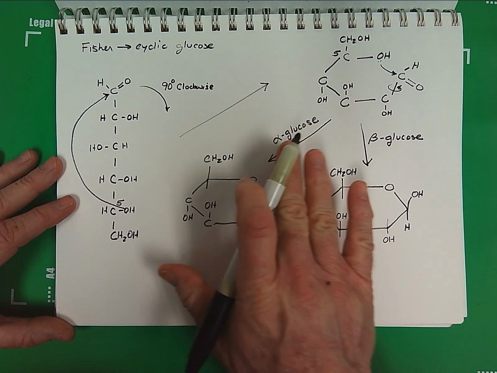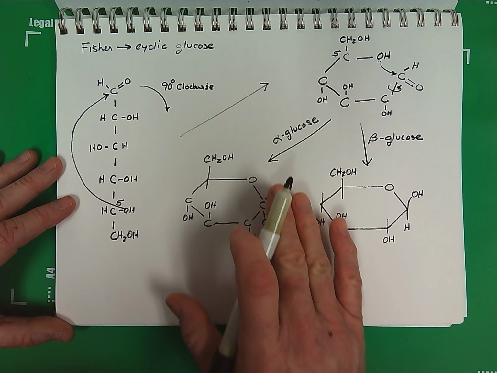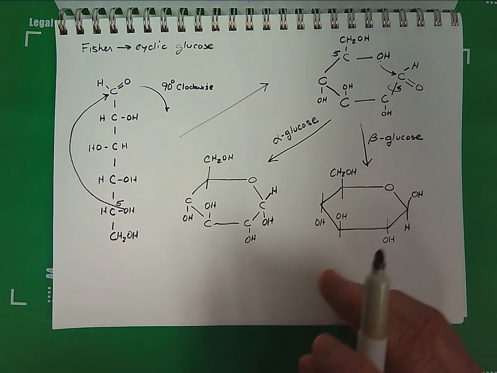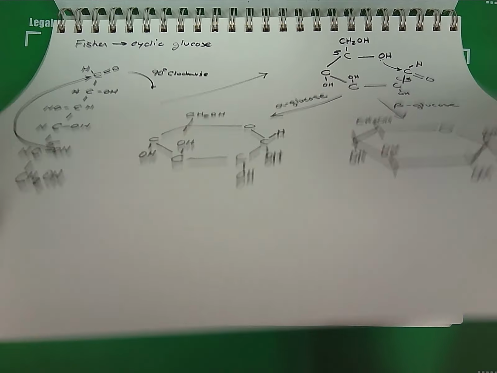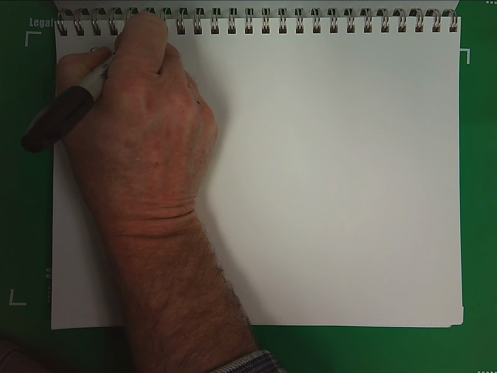Now, the reason we're paying so much attention to the alpha and beta glucose structures is because we need to talk about our major dietary carbohydrate. The major dietary carbohydrate that we ingest, which is our major energy source, is starch.